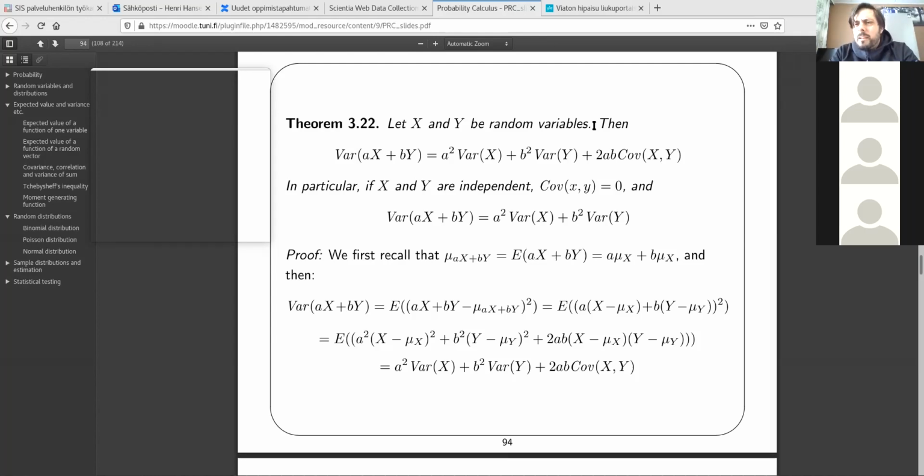It could be slightly negative, I'm not sure. But let's assume if it's negative, then you get this solution that if you put some percentage in stocks and some percentage in gold, you can minimize the variance by finding a suitable balance using this theorem 3.22. So it's actually a really useful theorem.